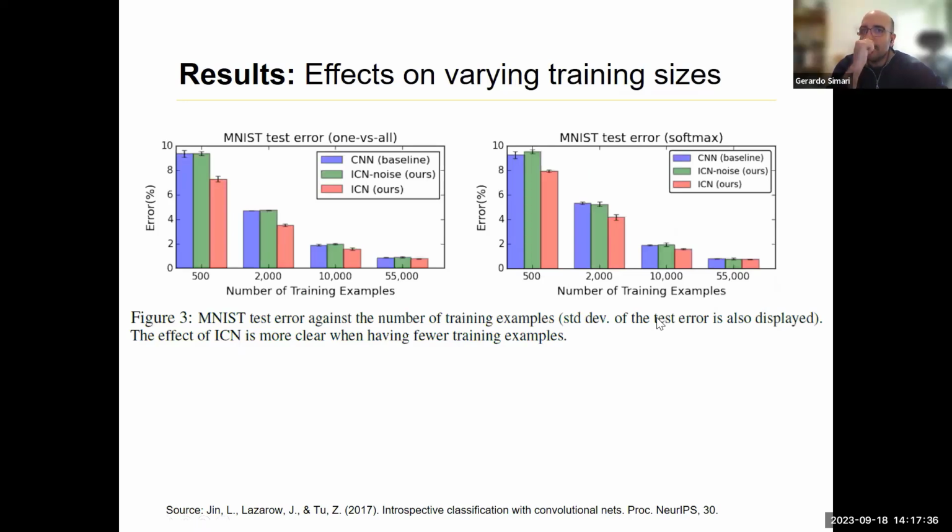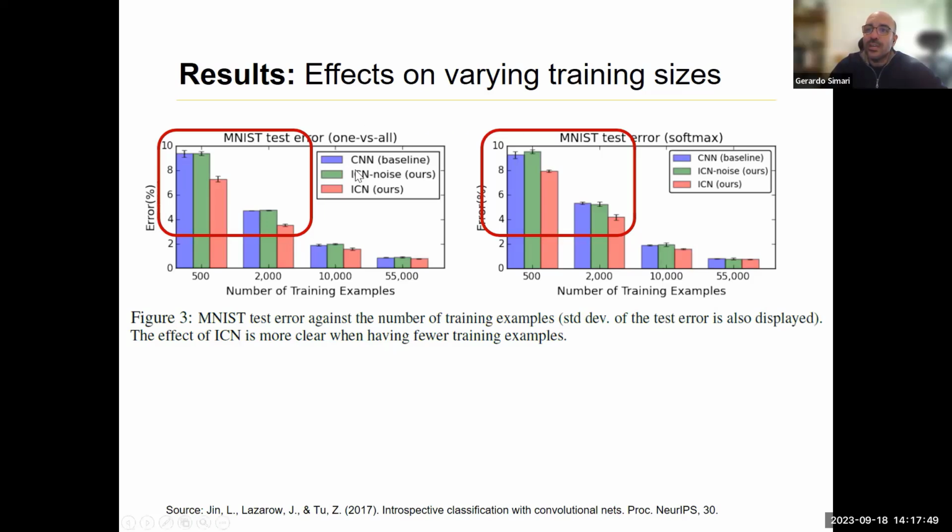In this experiment, they're trying to see the effects of varying training sizes, which I think is one of the advantages of this model. So CNN and the ICN with noise are taken as baselines, but the ICN algorithm's testing error is already much lower with small training sizes than the others.